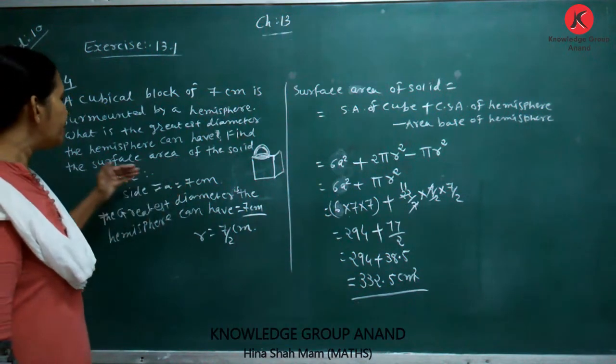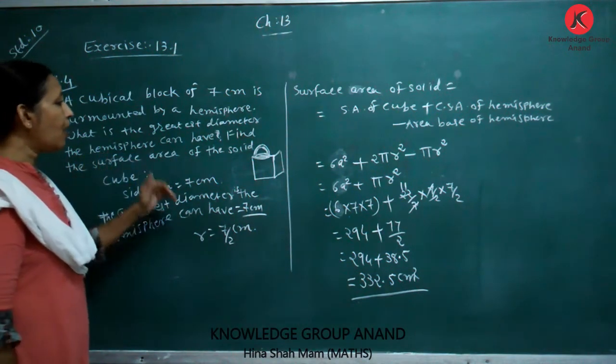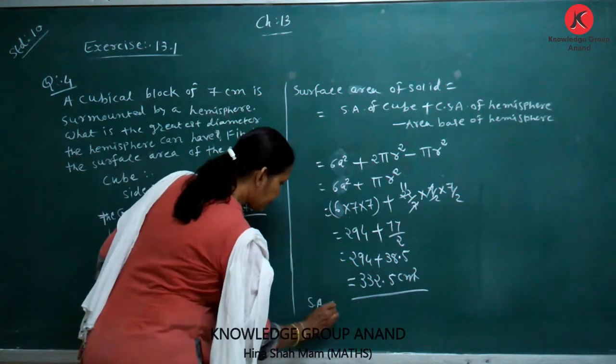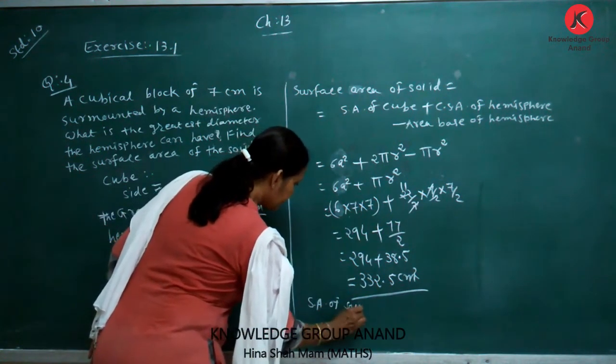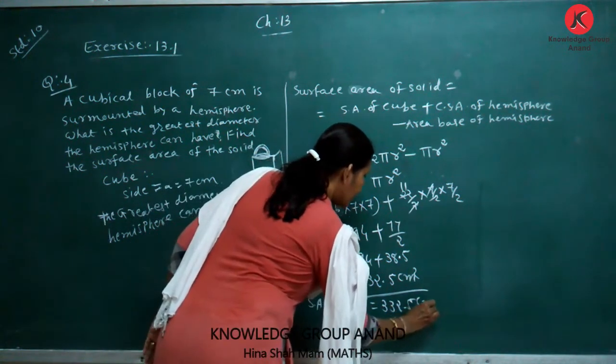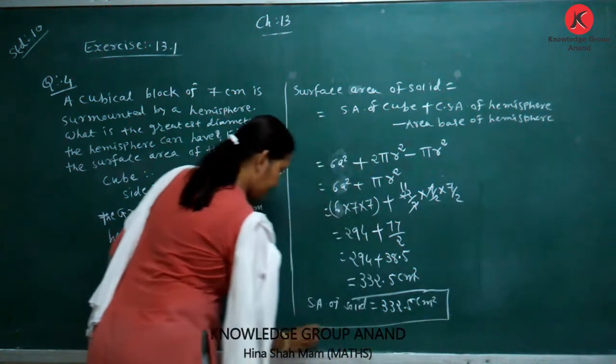Then we write surface area of solid is equal to 332.5 centimeter square.